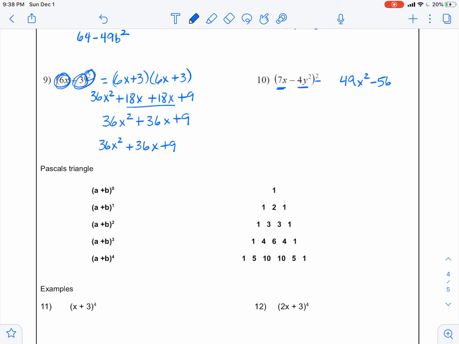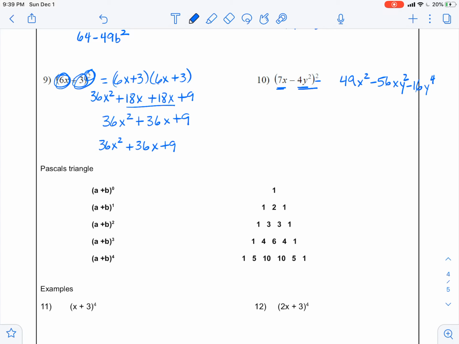Now, all of that is going to be multiplied together. So in that case, we have an xy squared. And then I'm just going to square this piece. So 4 squared would be 16, and y squared squared would be y to the fourth. Okay? Now that's me doing it the short way.